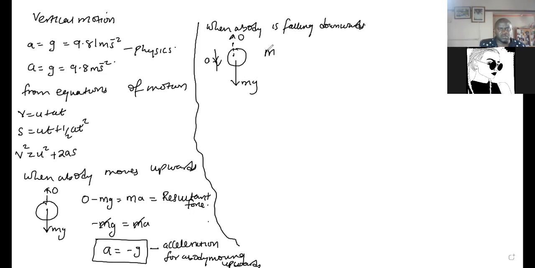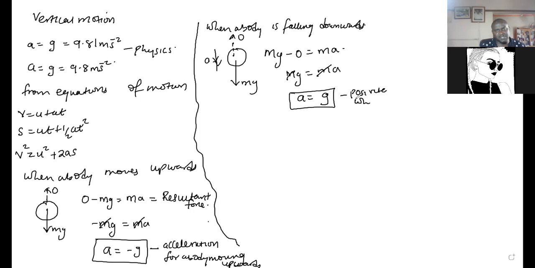So the mg overcomes the no force to give us the resultant force. And with this, mg is equal to ma. Therefore, the acceleration is a positive g meters per second squared. So it is positive when the body is falling back to the ground.